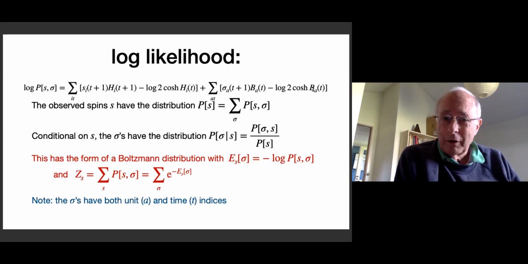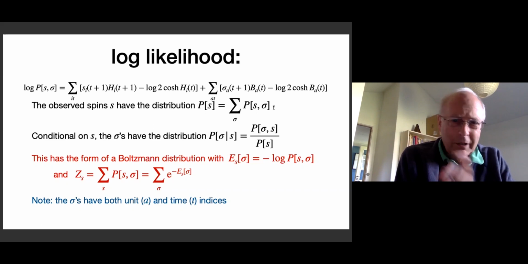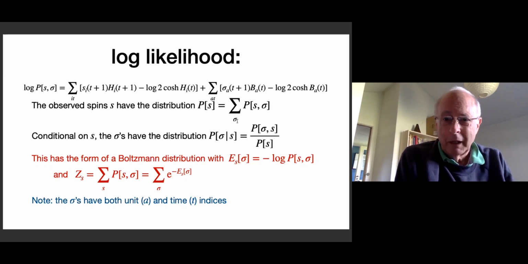Now, we want to do our inference problem again, but we've only measured the S's, not the sigmas. So for the distribution, you just marginalize out the sigmas. You sum over the values of the sigmas this joint probability, which is what's up here.